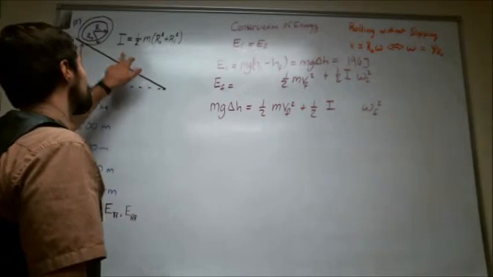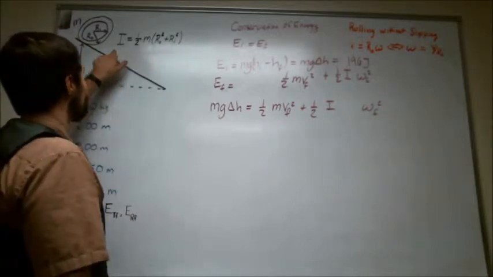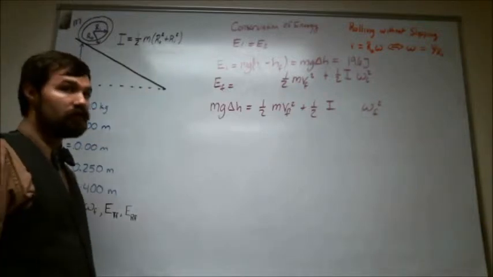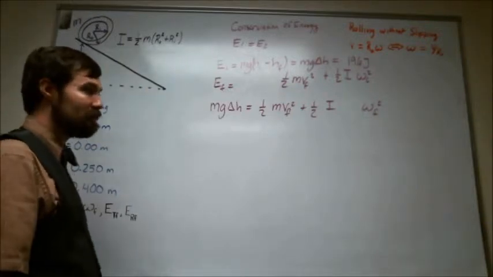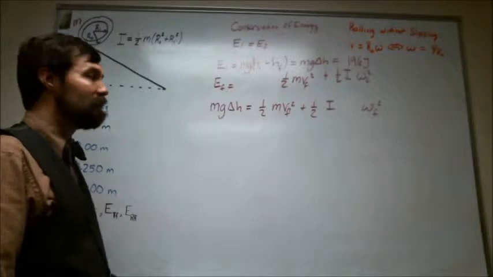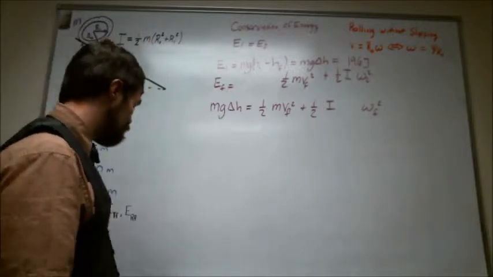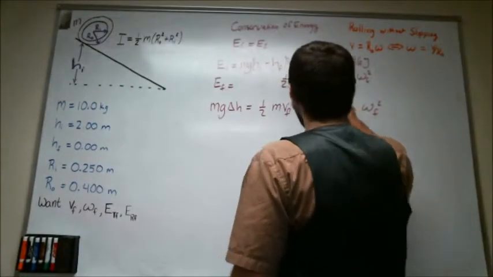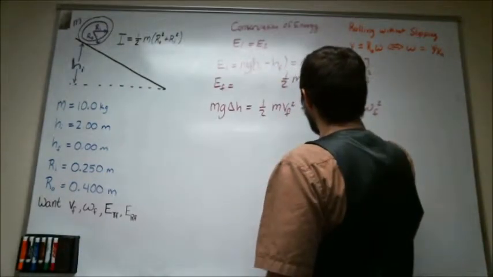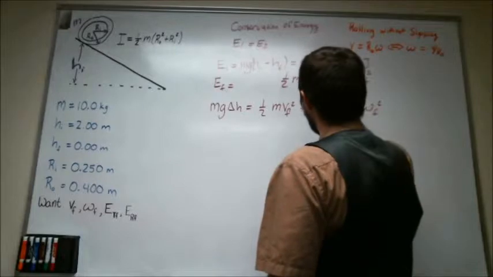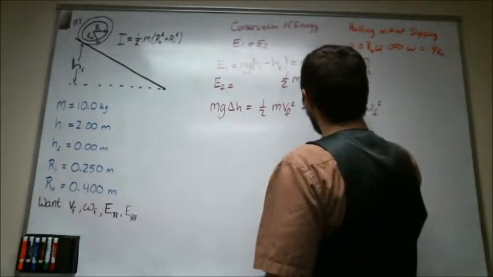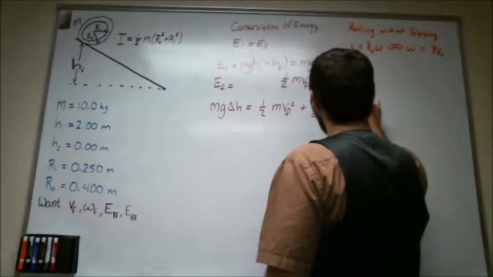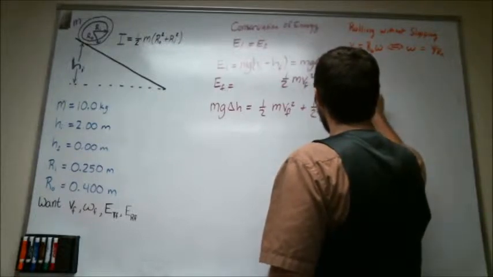The answer is because I have an equation here which relates the rotational inertia for an annular disk, in other words for our wheel, to the mass and the 2 radii. So we might as well just substitute that in right now. So mass divided by 2 times sum of the 2 radii squared.